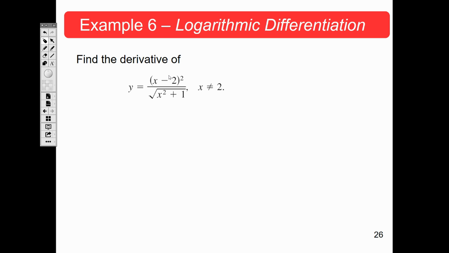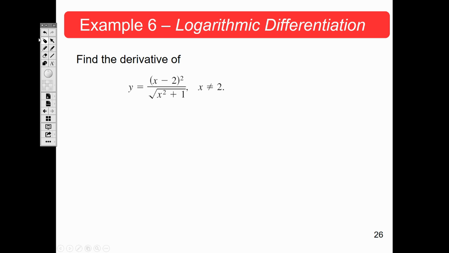Okay. So what we do instead is we look at this and we say, okay, well, y is greater than 0 everywhere. You can look at the graph if you're not sure, but this is squared and we're taking square roots, so they can't be negative. And so everything's going to be bigger than 0. I can take the natural log of both sides.